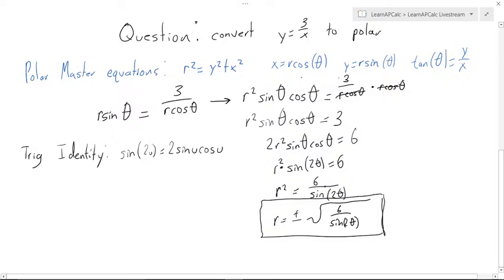You didn't have to simplify this in this problem using this trig identity, but it's something you'll have to do occasionally, so I figured I'd do it just to show you that you would recognize that as an identity. Okay, so I hope that answered your question.